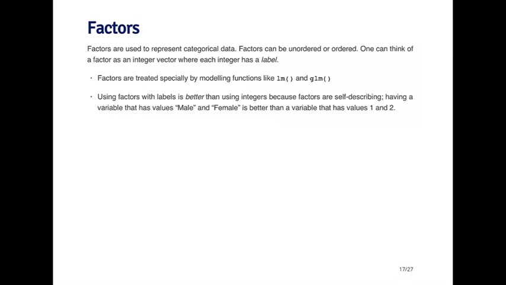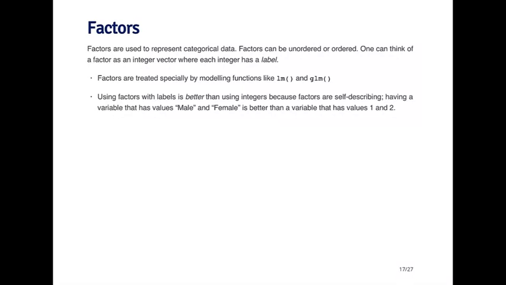Factors are important because they're treated specially by modeling functions like lm and glm, which we'll talk about later, but these are functions for fitting linear models. And factors with labels, generally speaking, are better than using simple integer vectors because factors are what are called self-describing. Having a variable that has values male and female is more descriptive than having a variable that just has ones and twos.